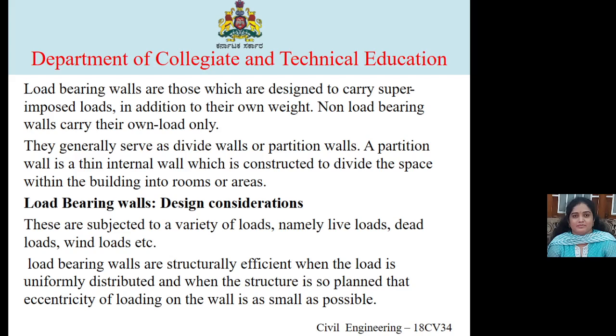The partition walls will not take any loads; they take only their own load. So they generally serve as divide walls or partition walls. The partition wall is a thin internal wall which is constructed to divide the space within the building into rooms or areas.